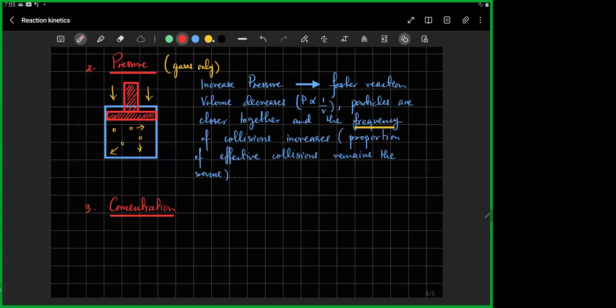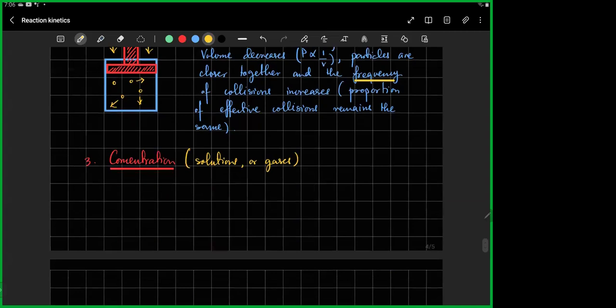Now this concentration thing is mainly applicable only to solutions or gases, but normally for gases we deal with pressure. We don't talk about concentration, but normally the term concentration applies to solutions. So let's say I have a container, and that container has a solution in it, and let's say it's a salt solution.